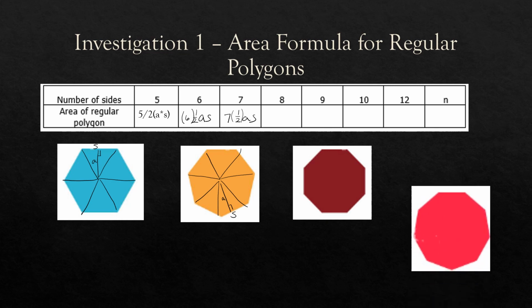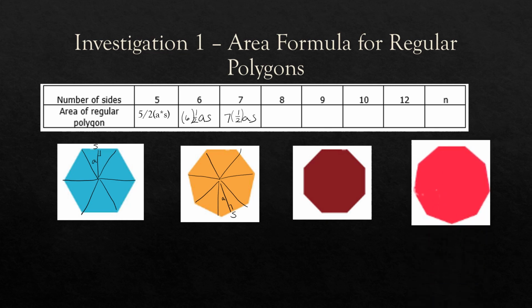How about an octagon? Hopefully you're starting to see the pattern. One triangle is 1/2 A times S, and there will be 8 triangles in an octagon.